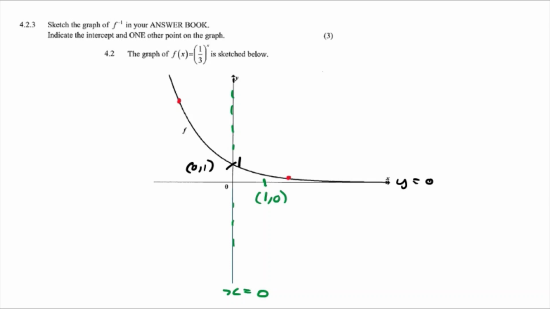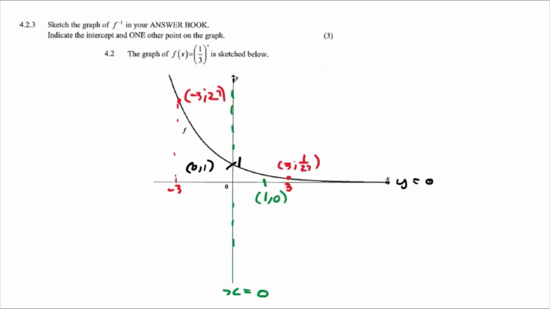So what you can do is create a point here. So maybe let's say over here is going to be -3, and then over here it's going to be 3. So now this would be what? This would be -3 and 27. Then this point here would be 3 and 1 over 27.